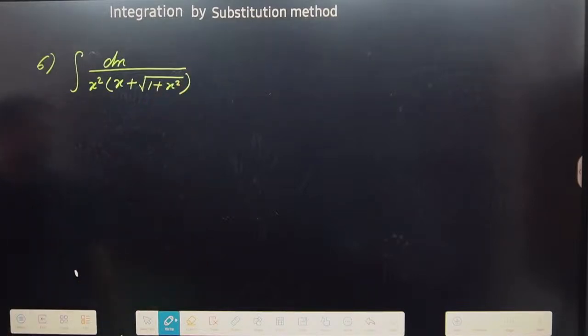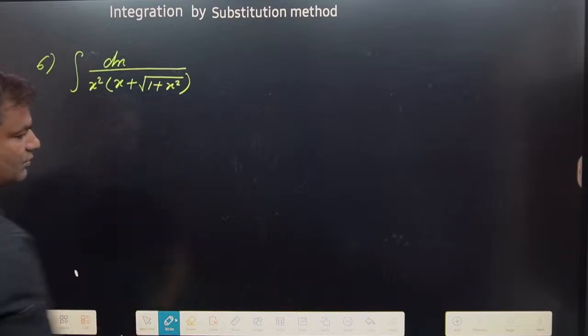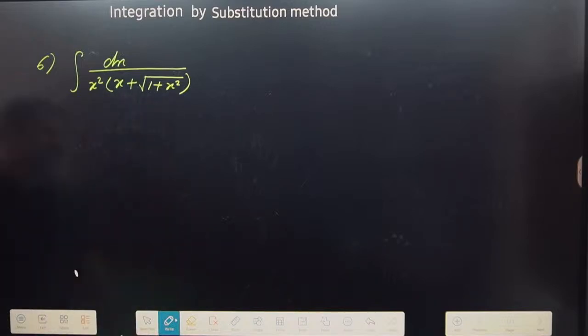Okay, dx divided by x square into x plus under root 1 plus x square. How can we do?